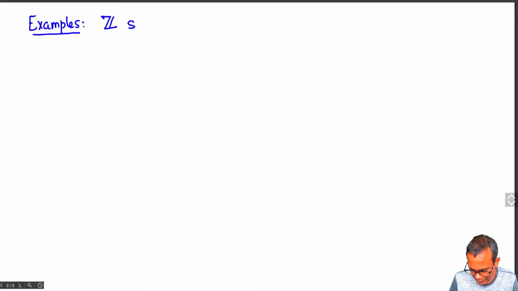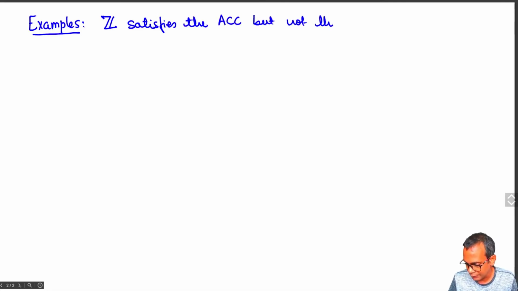Z satisfies the ascending chain condition, but not the descending chain condition. Firstly, let's show that Z does not satisfy the descending chain condition. So I just need to find an infinite descending chain of submodules.